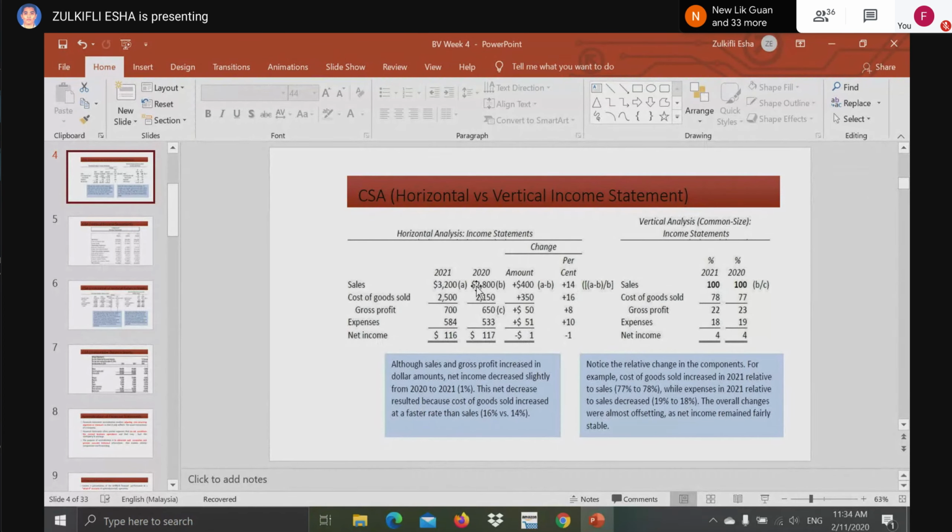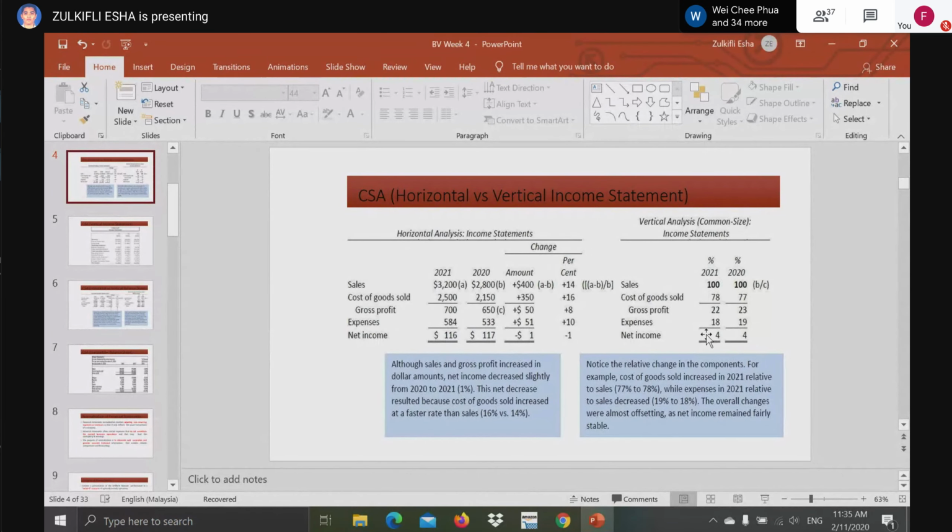So we take this figure 2,800 as the 100% percentage, and then 2,150 from 2,800 represent 77%, and then 650 from 2,800 is 23%, 533 from 2,800 is 19%. So the remaining is 4% only.